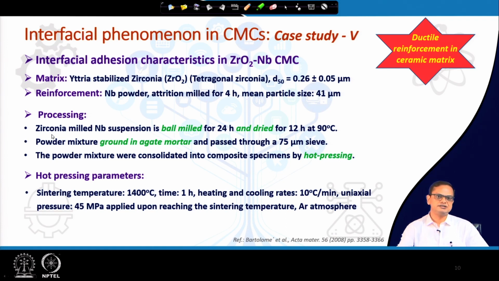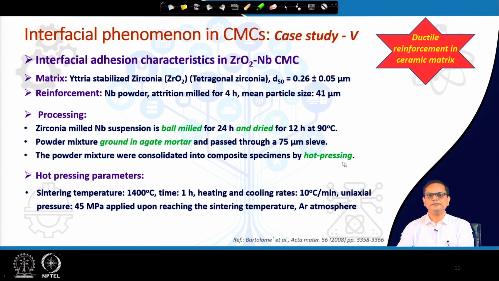So, the zirconia particles and milled niobium have been milled together in a suspension, so basically it is wet milling, and then once it is dried, the powder mixture has been ground in agate mortar, and then those powder particle mixtures have been consolidated or sintered by hot pressing. So, in this case the sintering technique is hot pressing. Okay. The sintering parameters have been mentioned here, what temperature, pressure and all those things.